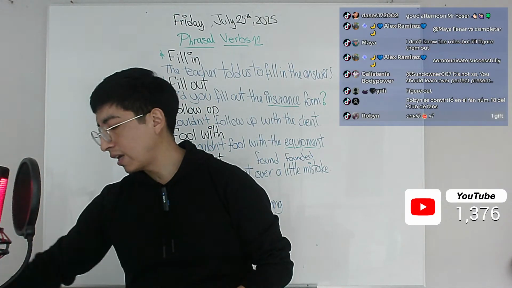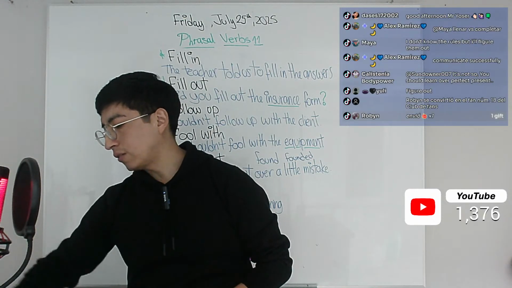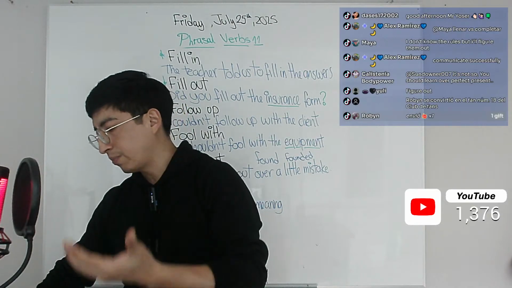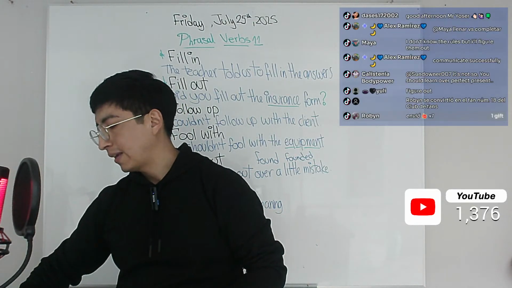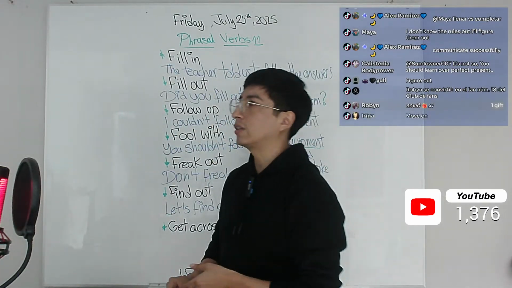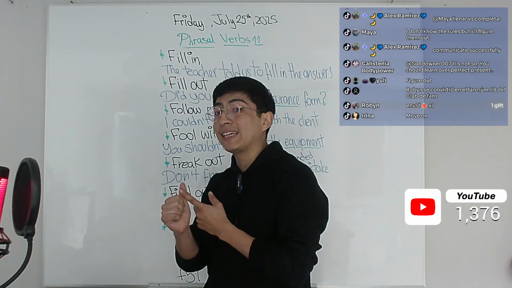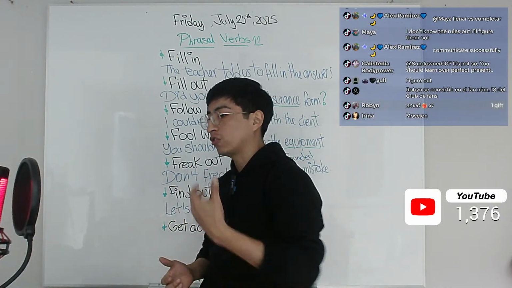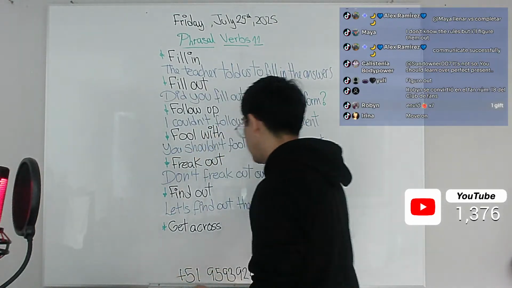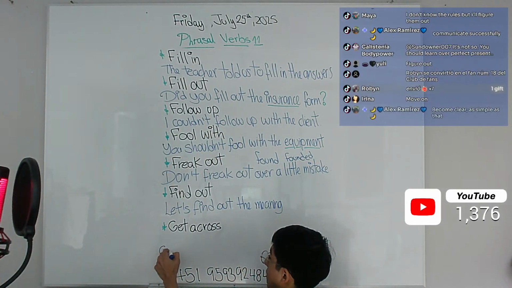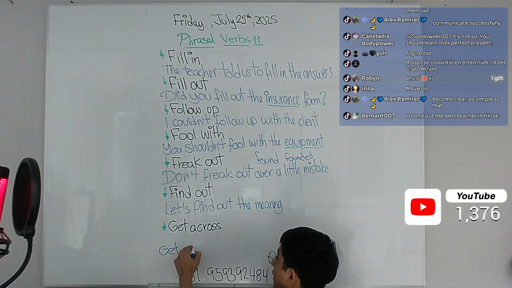Okay, guys, what does get across mean? In the case of get across, it indicates to express something clearly. In this case, we're talking about an idea or a message. To get across your idea is when you can explain your idea in a clear way.